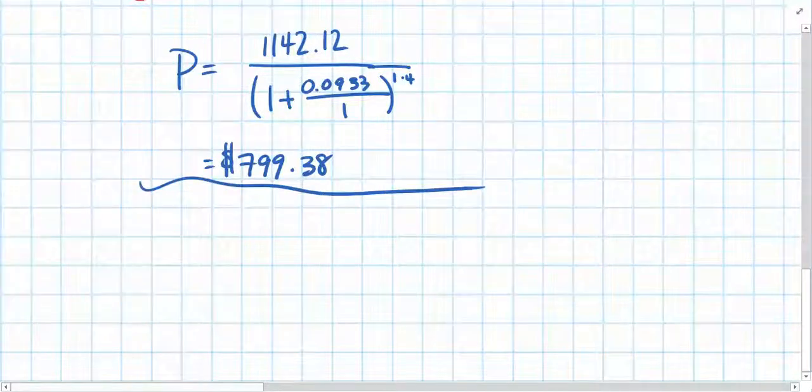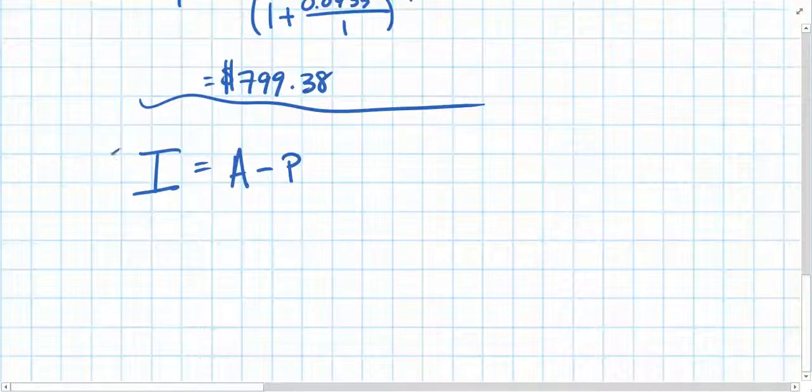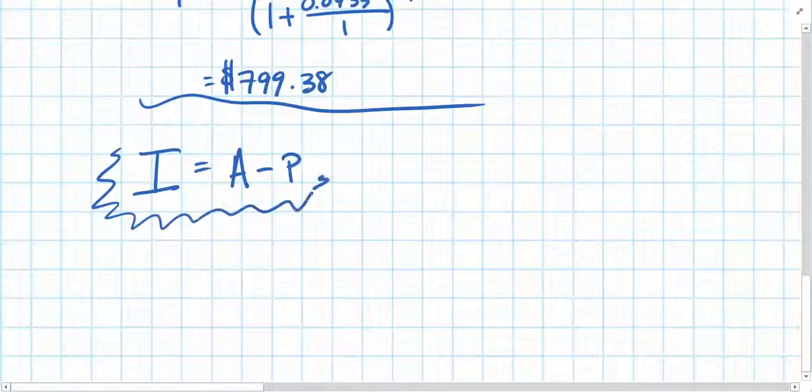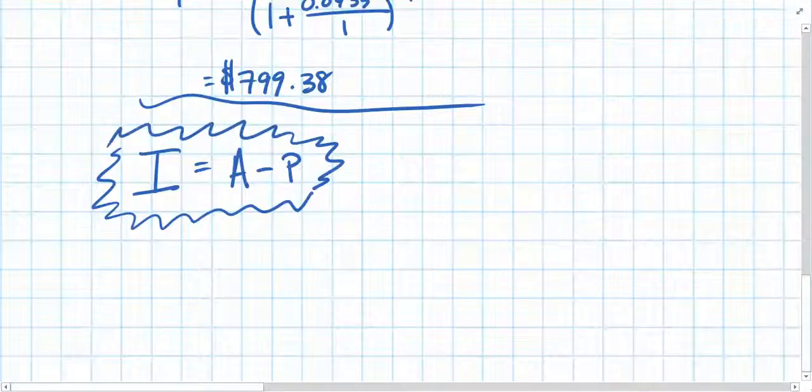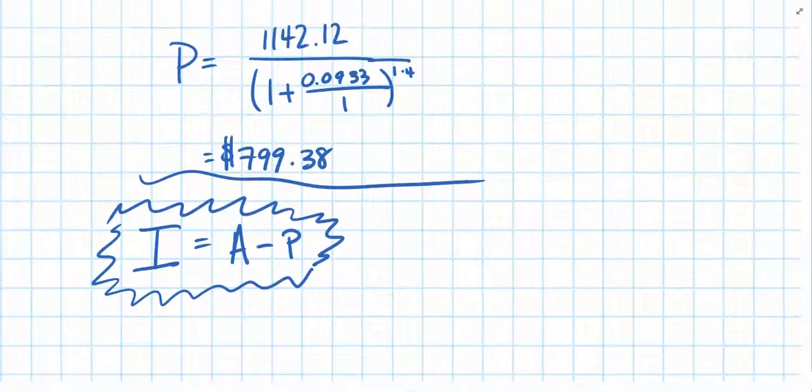So to answer the question from the IXL section, we need to understand that interest is literally equal to the ending balance, or the amount that something's worth, minus the principal that we invested. So this is perhaps a new equation, especially if you haven't had any financial math before. Interest is equal to the ending amount minus the principal.